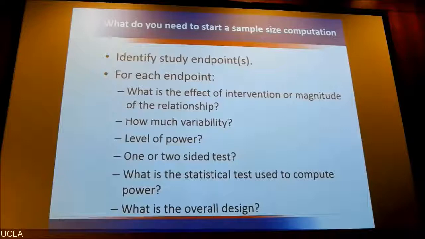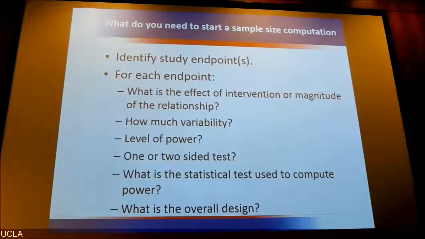Hopefully pilot data, that's the best case scenario. But that's one of the hardest things for performing a good power calculation. Second is, how much variability is there in the outcome of interest? If what we're using has been measured previously, this can often be found in prior literature or a pilot study.